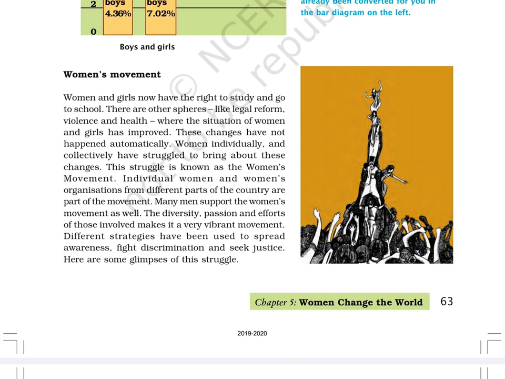Different strategies have been used to spread awareness, fight discrimination and seek justice. Here are some glimpses of this struggle. There is a picture given here on page number 63, in which there is a human women pyramid drawn. In this pyramid, we can see women helping women to reach the top.